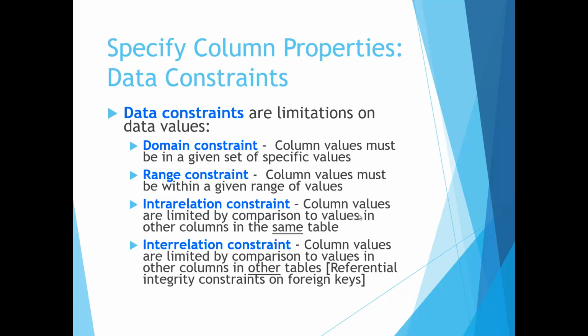Interrelation constraint: column values are limited by comparison to values in other columns in other tables. And by doing this, we are enforcing referential integrity constraints on foreign keys. So the values of this table should be similar to values in another table.